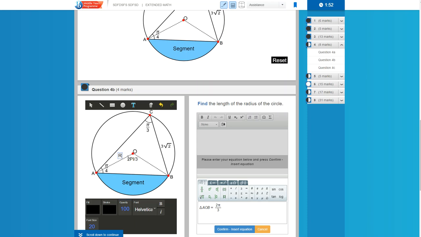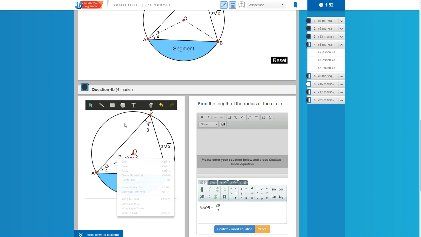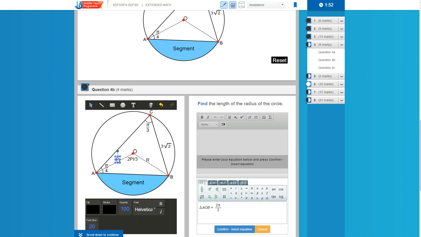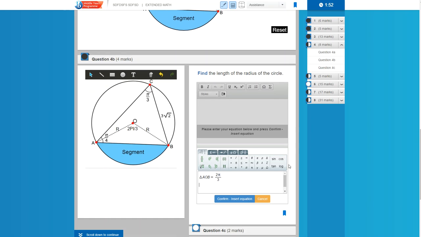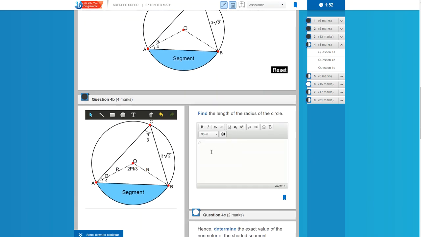Let's call this R, and this is R. Come on, who can remember the cosine rule? It's the angle in between. The formula is c squared equals a squared plus b squared minus 2ab cos C.